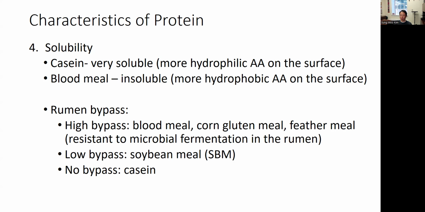Here, when I say soluble, solubility very often equals to digestibility. Soluble protein is highly digestible. Insoluble protein is poorly digestible. Because protein should be soluble so that the enzymes, the digestive enzyme can act on, right? Requires water, right?